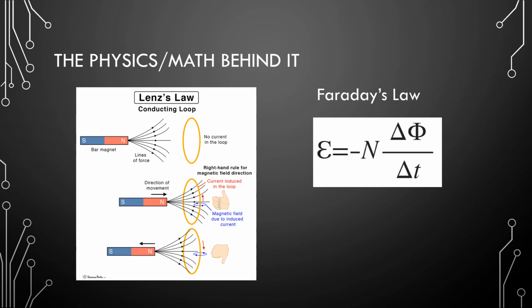Lenz's law tells us that due to the magnetic field that the current produces through the conductor, in return it produces an induced magnetic field, which goes against the magnetic flux. And this induced magnetic field produces this repulsion force that allows for the existence of maglev technologies.